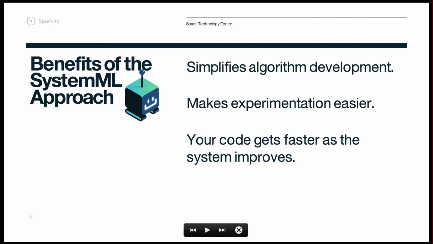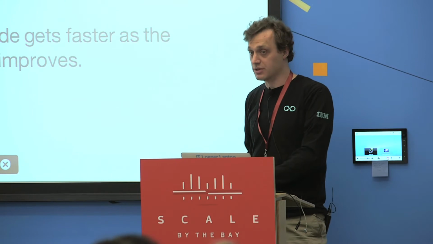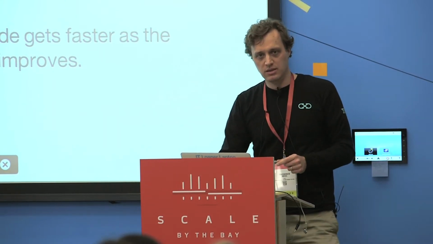And key to this talk is as SystemML continues to move forward, the same algorithm code gets faster and faster and faster. We'll see an example of that at the end of this talk. So we got these 3 benefits: faster writing code, better experimentation, and faster, faster, faster. So that's SystemML in a very short nutshell.